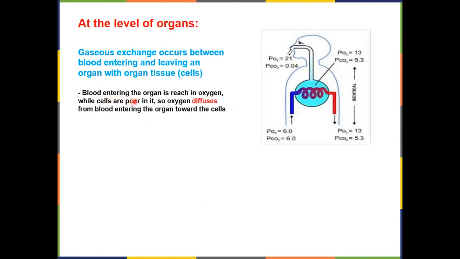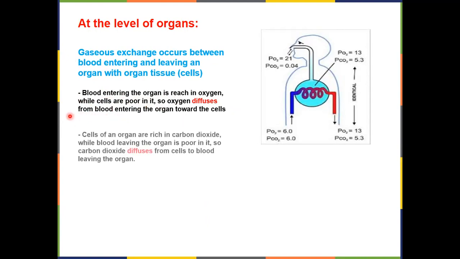Blood entering the organ is rich in oxygen, while cells are poor in it. So oxygen diffuses from blood entering the organ toward the cells. Cells of an organ are rich in carbon dioxide, while blood leaving the organ is poor in it. So carbon dioxide diffuses from cells to blood leaving the organ.